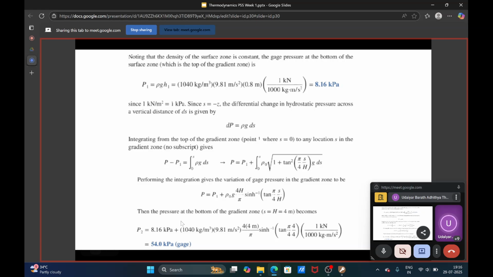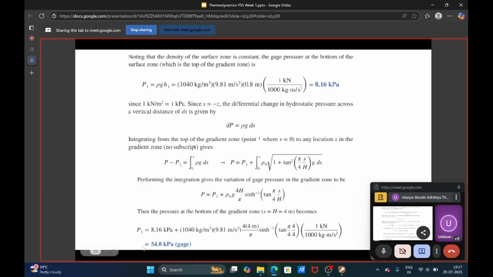Then we can find it at the bottom, where S equals H, which is 4. So the S by H terms cancel out and we get tan pi by 4, and H is 4. The g we know, rho naught we know, and P1 we have already calculated as 8.16.